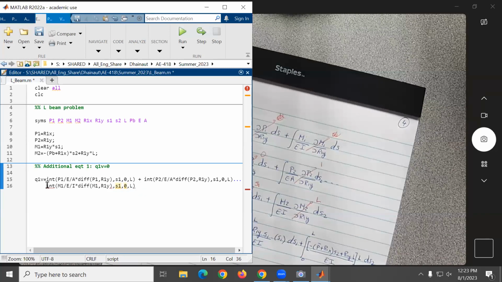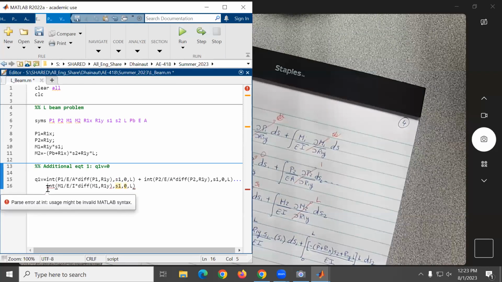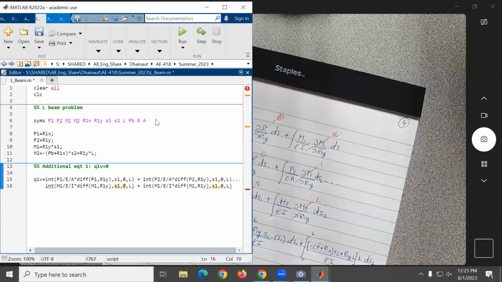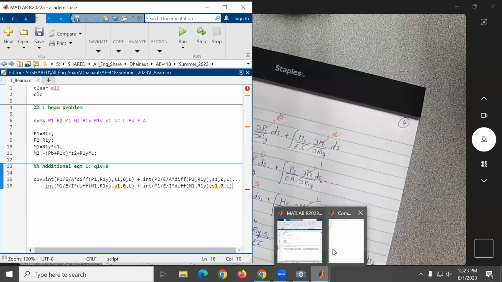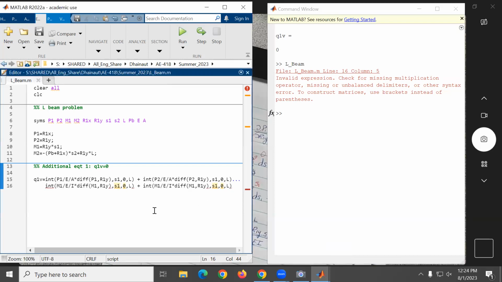Okay. I can come here, control copy. Control V, I'm not sure if it's going to make it or not. All right, so line 16. Invalid expression, check for missing multiplication. Am I missing anything here?